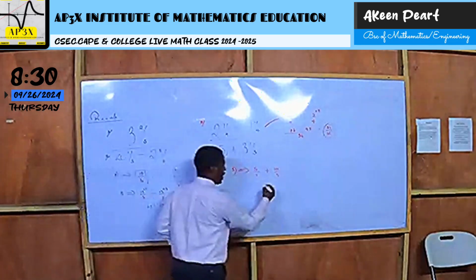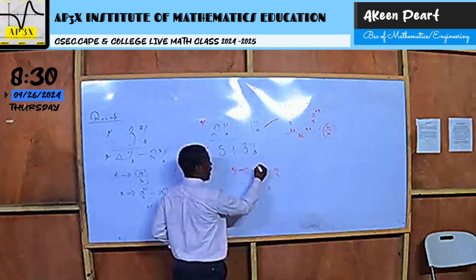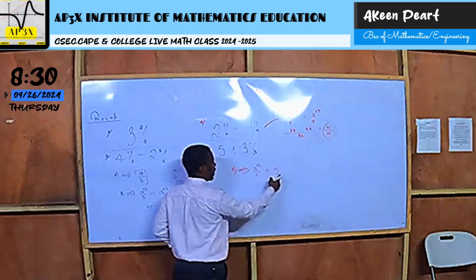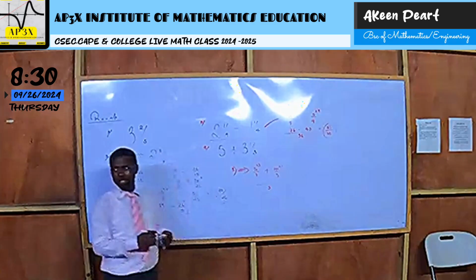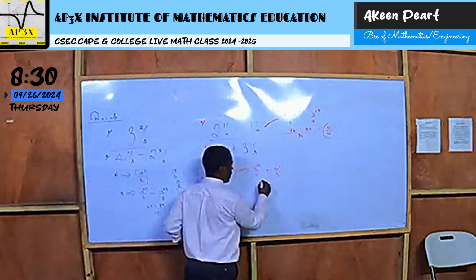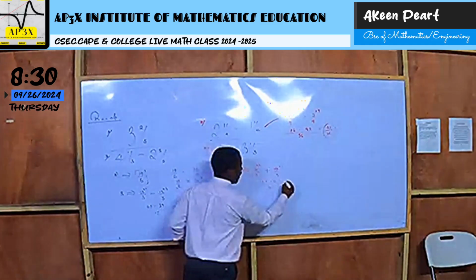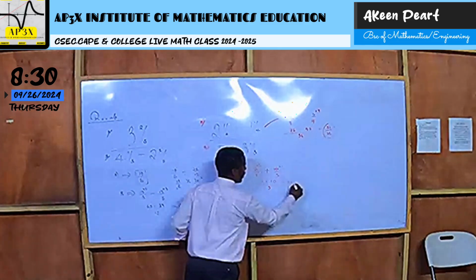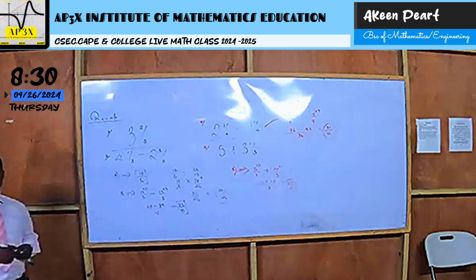The LCM is 3. 1 into 3 times the top by 3, and 3 into 3 is 1 times the top by 1. So 5 threes is 15, and 10 times 1 is 10. So you end up with 25 over 3. And that is the solution for the second part.